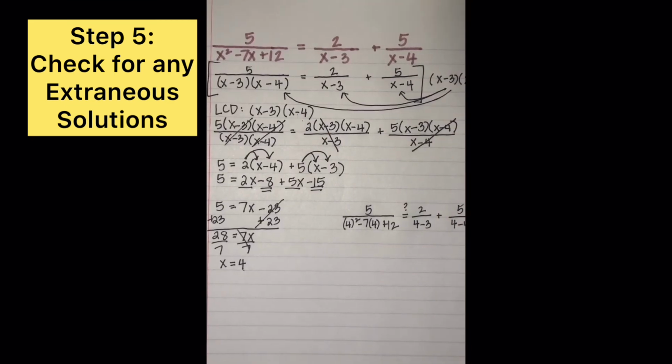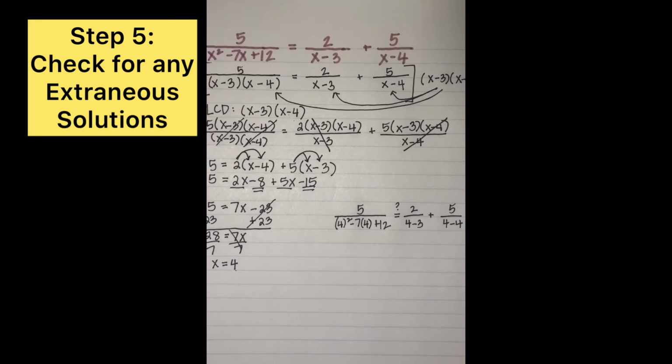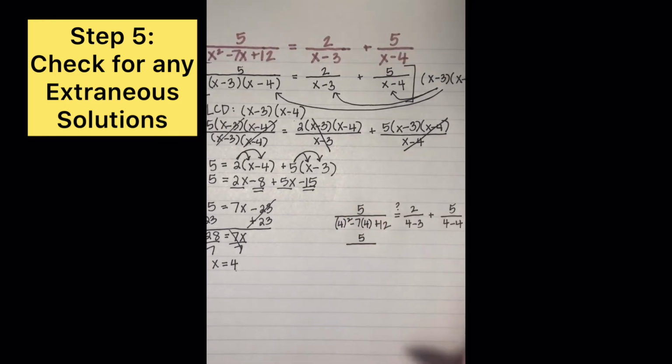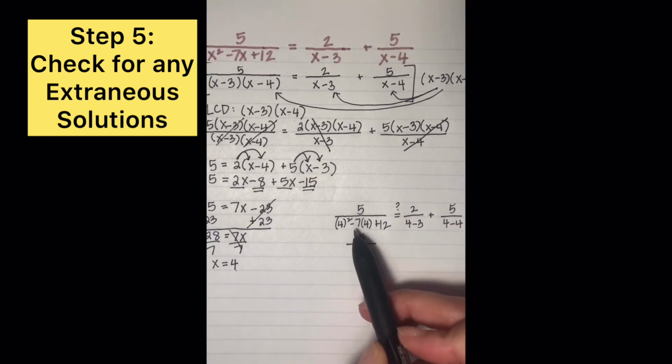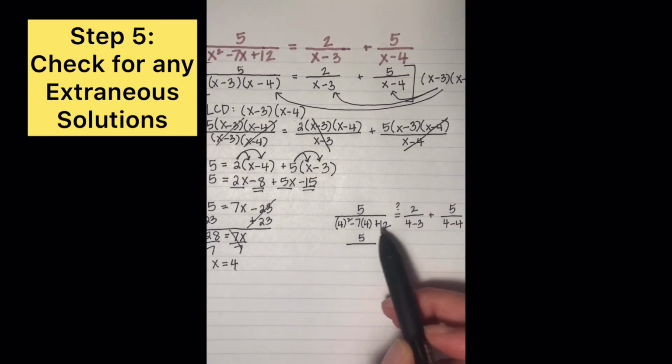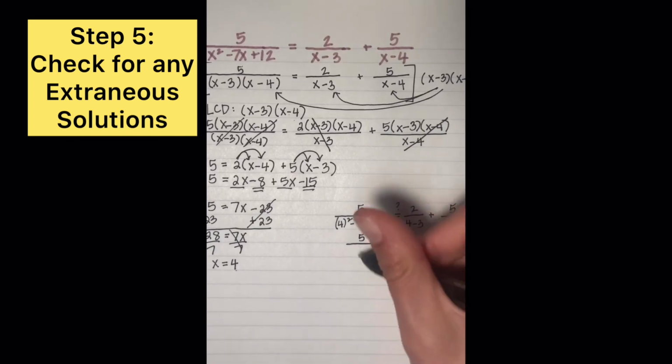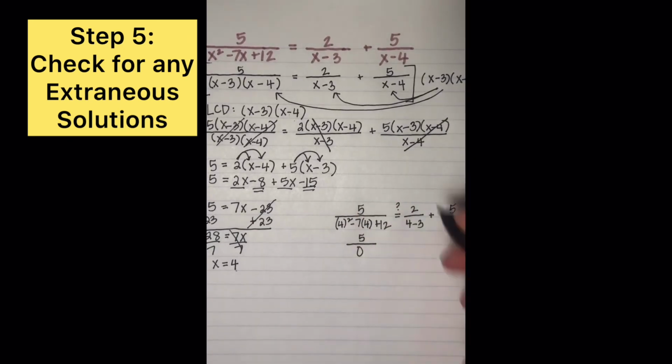If you do 4 squared minus 7 times 4 plus 12, I would just recommend using your calculator. You would get 0. Equals, with a question mark, 2 over 1, 4 minus 3 is 1, plus 5 over 0. 4 minus 4 is 0.